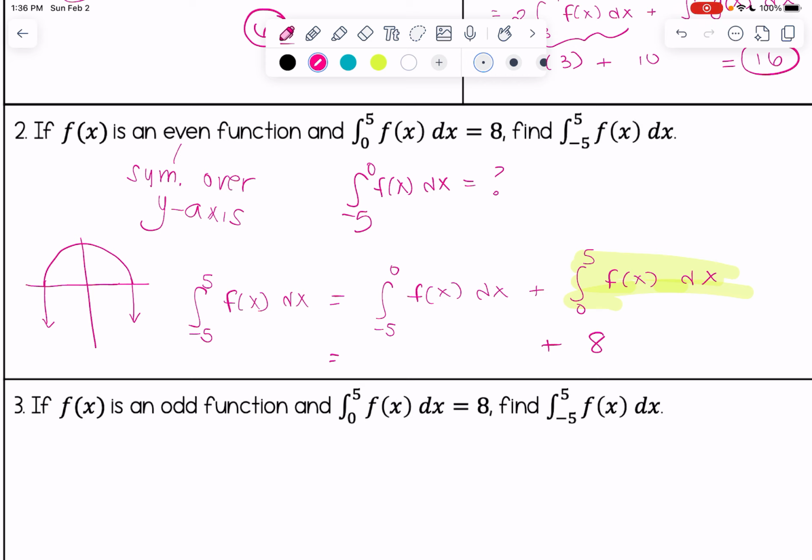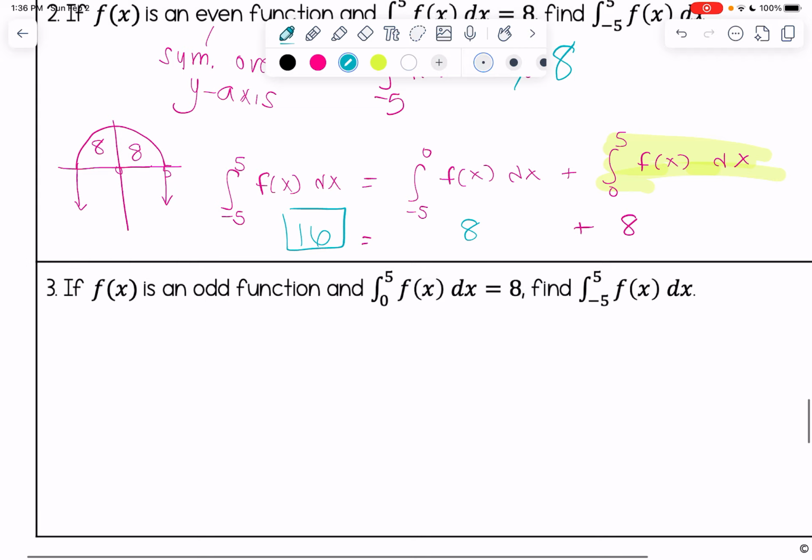So we know from 0 to 5 that that area is 8. Well, if this is symmetric, that would mean that from negative 5 to 0, that area is also 8. So I'm going to say, well, this we know is 8. This we know is 8. So therefore, our final answer for number 2 would have to be 16.